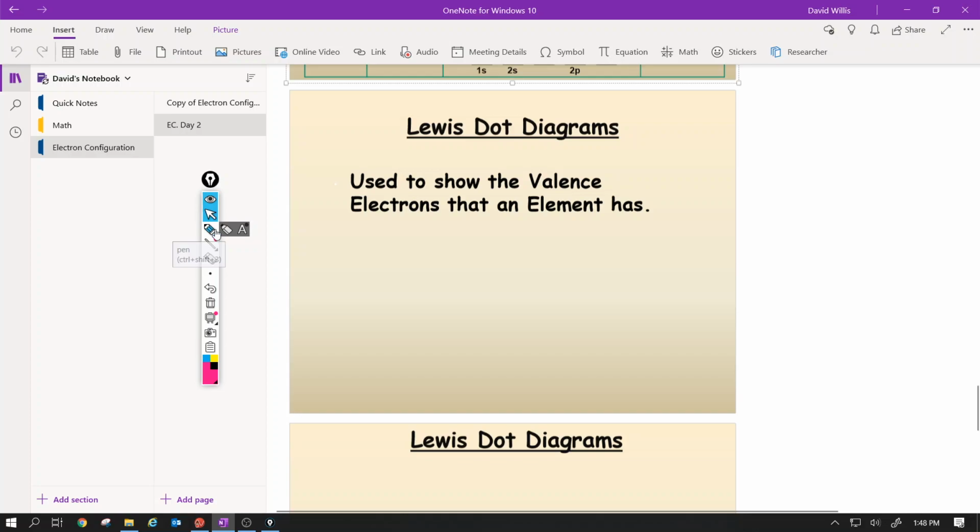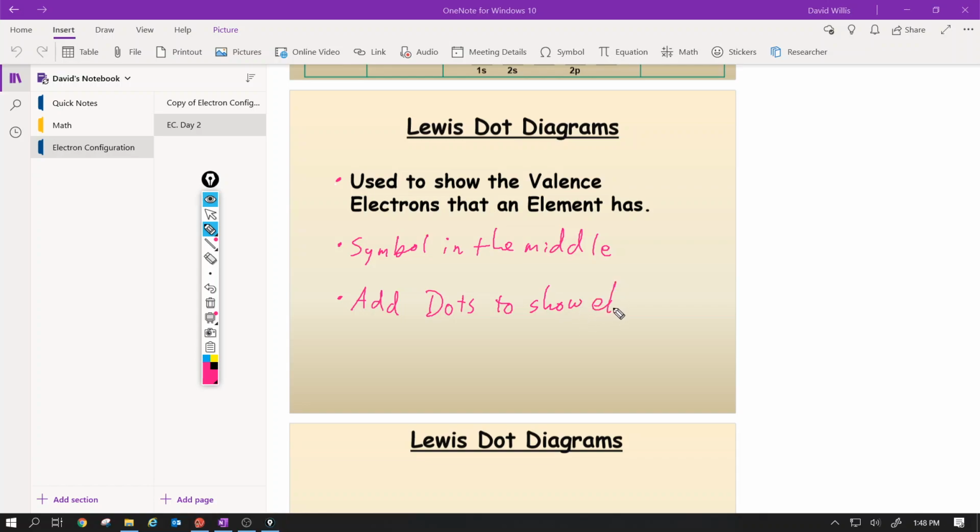All right, and the way that we're going to show that is we're going to put the symbol in the middle, and then we're going to add dots to represent the electrons.